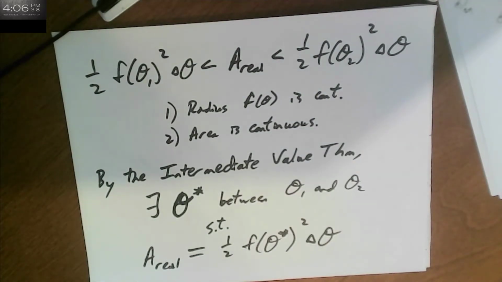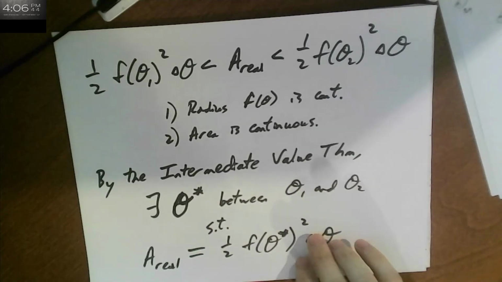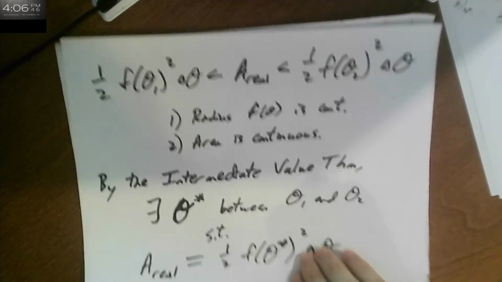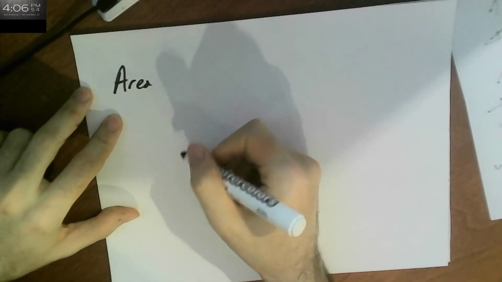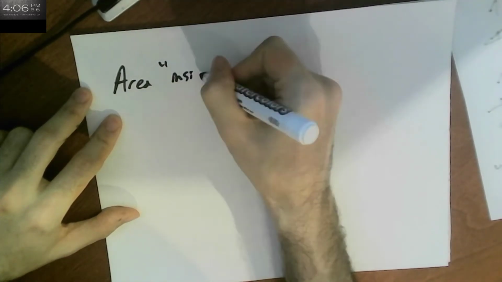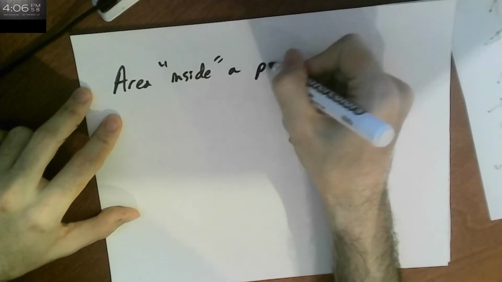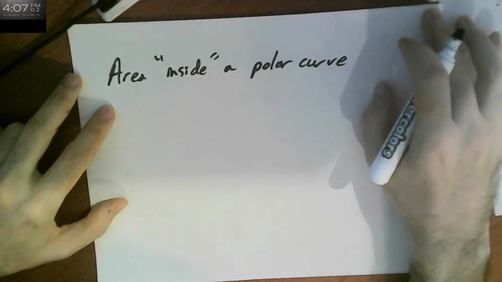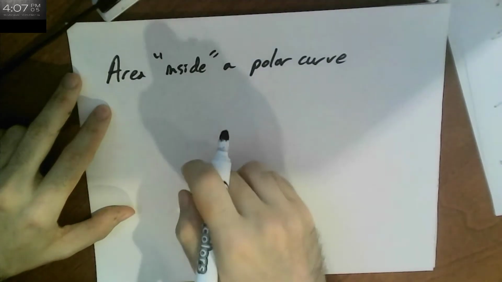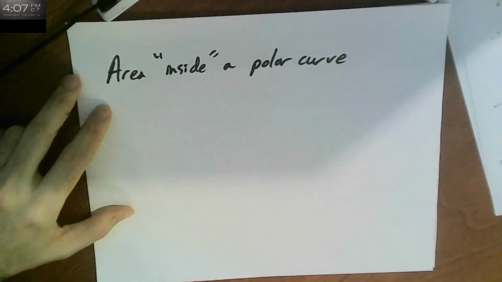I still don't know what it is. I don't need to evaluate it, right? I don't need to compute what it is. But I can set up my sum in that way. So we end up claiming that the area inside a polar curve, it's not really between the curve and the x-axis anymore, right? Because it starts at the origin and extends out until you hit the curve.